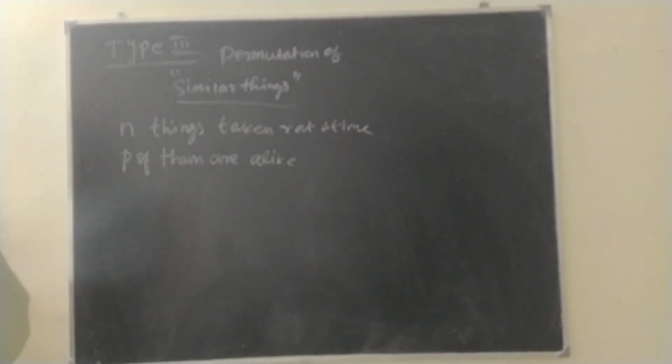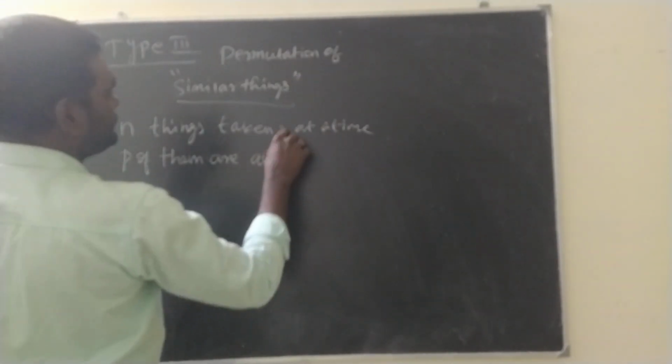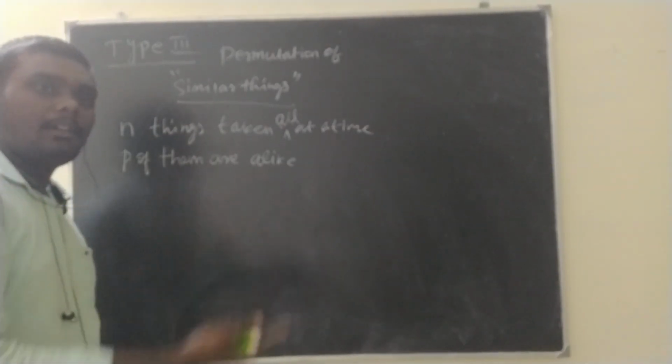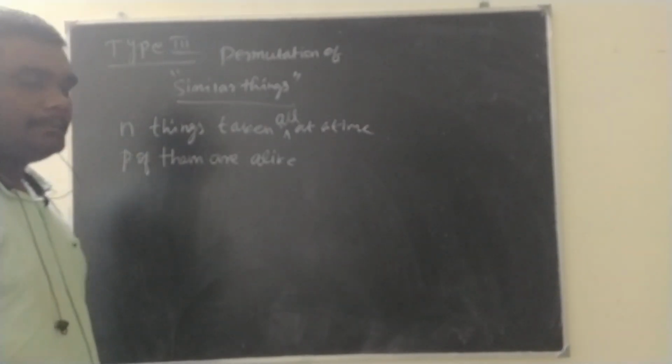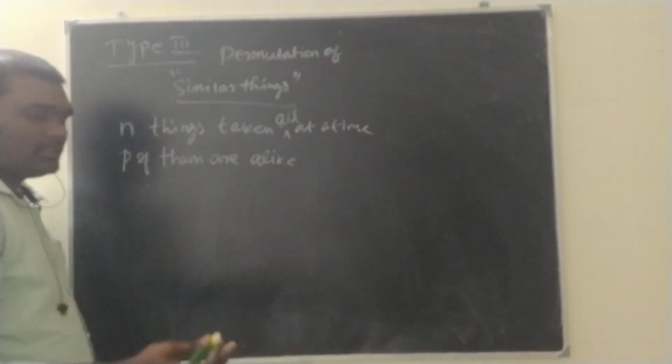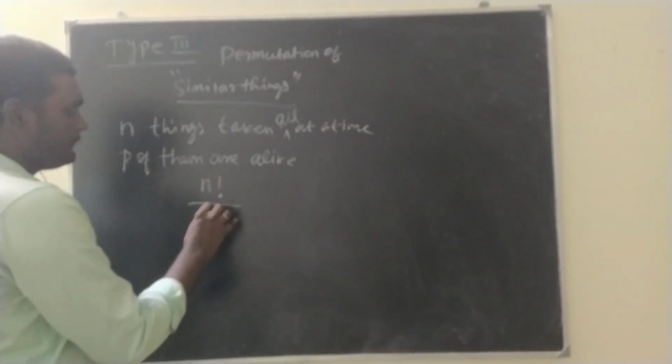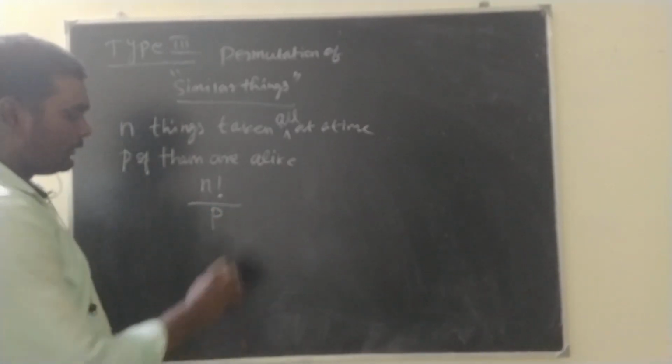The number of permutations of n things taken, not r at a time, but all at a time, among them P of them are alike, is n factorial by P factorial.